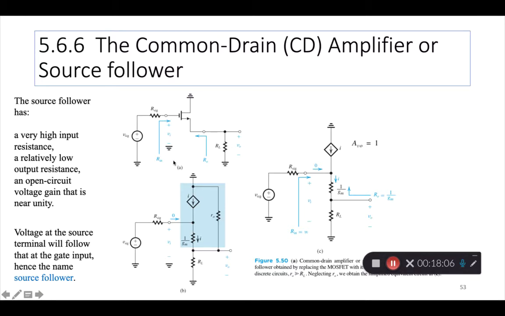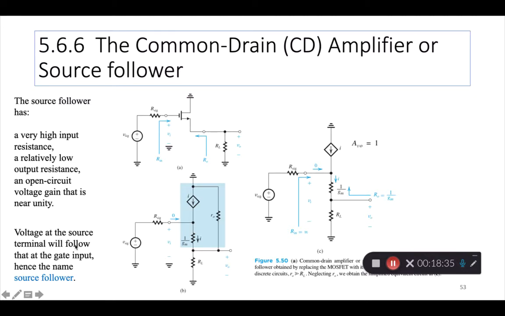So now the drain is grounded, the input is applied to the gate with respect to the grounded drain, and the output is picked off at the source terminal with respect to the grounded drain. Okay, so I hope that's clear.